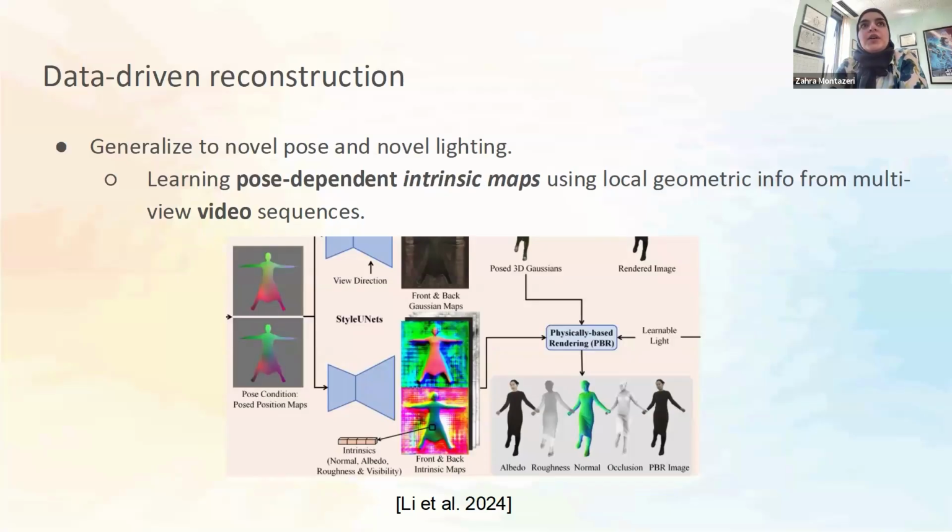As a final note, I also wanted to discuss this last paper, where this is also pose dependent, but they also have this video that goes around an object, and then we do this intrinsic parameter estimation. That's the difference from the previous model, where we have normal, albedo, roughness, and visibility.